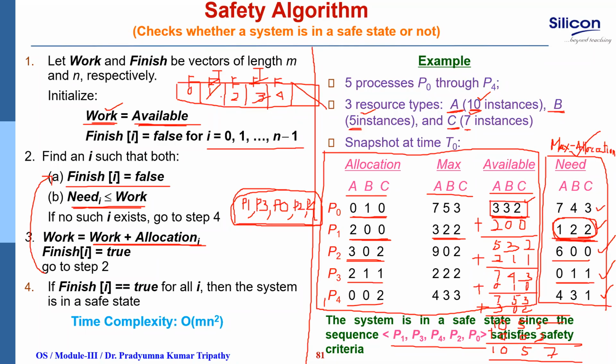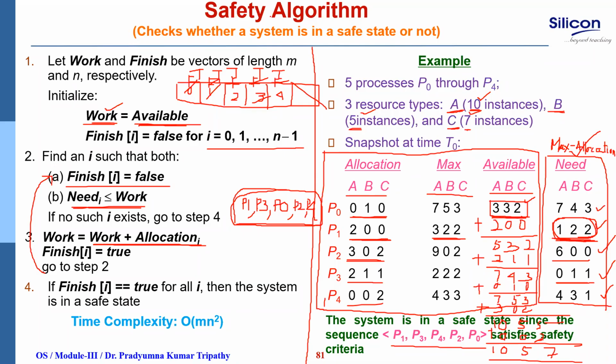And if I find that all are true, that means we could satisfy all the processes. Understood? Then we say it is in safe state.